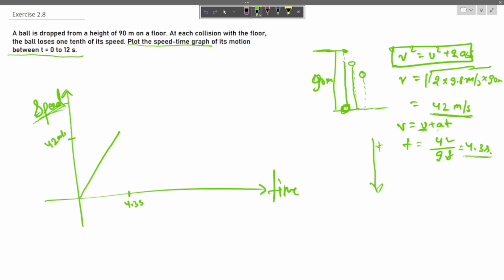Now we will find out the time it requires to go upward with a reduced velocity of 0.9 times this initial velocity. So the velocity after impact, v2, is going to be 0.9 times 42 meters per second, and that is 37.8 meters per second.